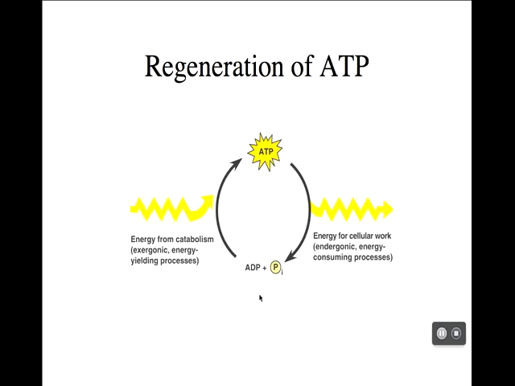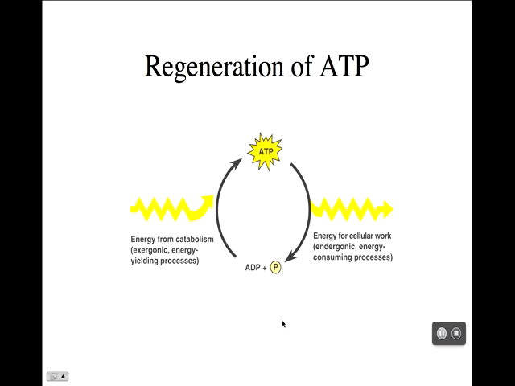In fact, this goes incredibly quickly in the cell. The cell is constantly regenerating its ATP and then breaking it down. About 10 million ATP molecules are consumed and then regenerated per cell per second. So 10 million ATP molecules going through this cycle per second per cell. Unbelievable rate.